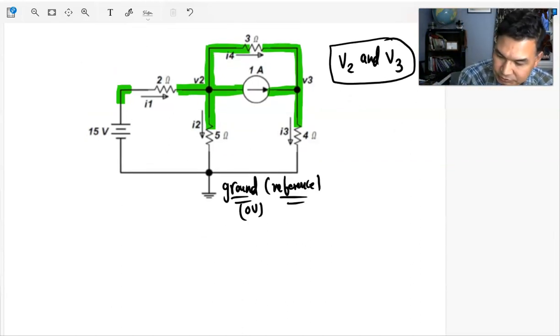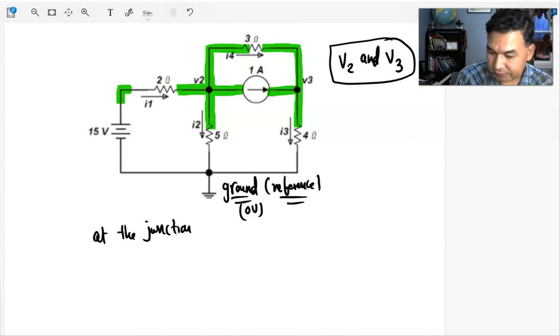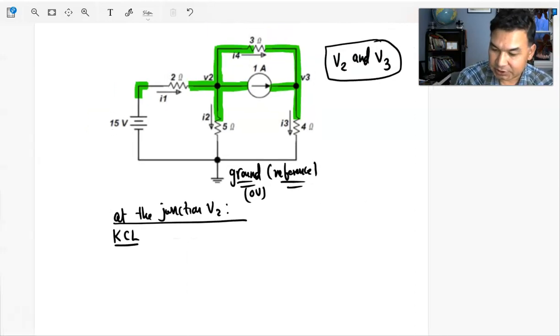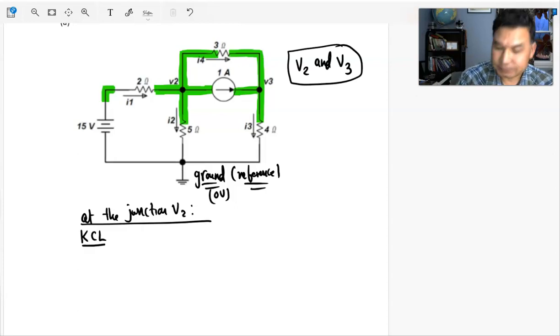I'm going to use Kirchhoff's current law at the junction V2. I'm going to write down the short form, KCL, meaning Kirchhoff's current law, at V2, right here.